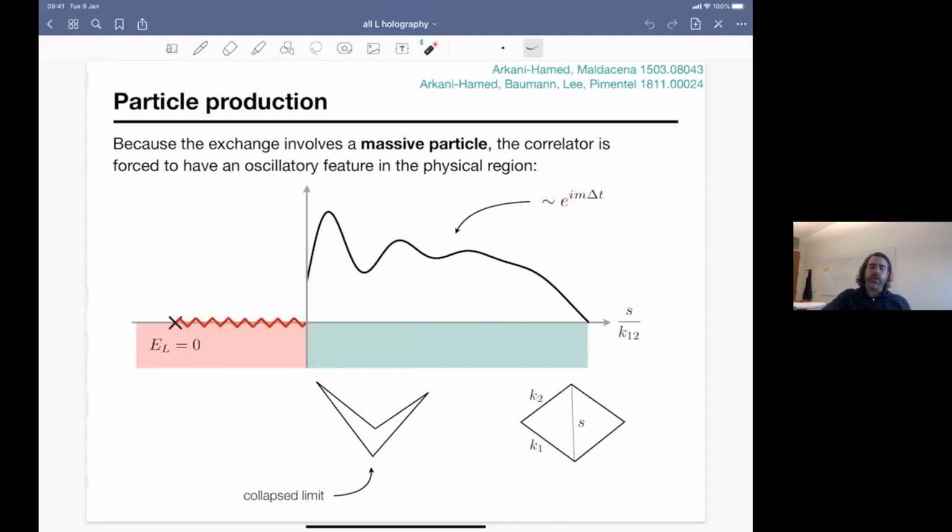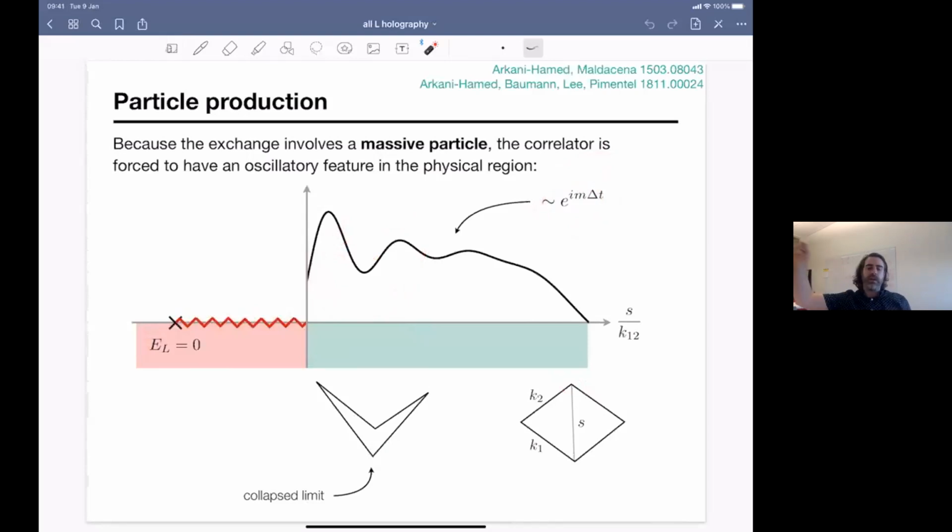Okay, and you can understand that as follows: we're producing a massive particle in the bulk de Sitter space, which is decaying into conformally coupled scalars. And there's some time delay between the two decays. And roughly speaking, this oscillation is just the ordinary e to the imt oscillation of a massive particle.